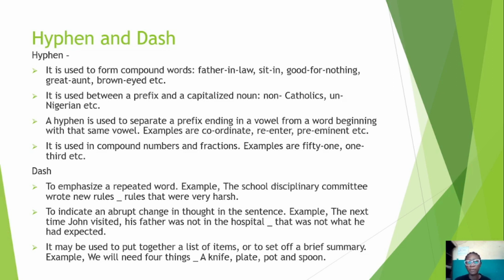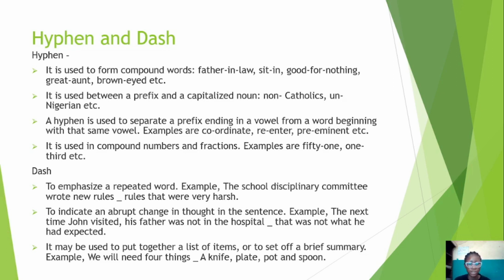We have examples in words like co-ordinate, re-enter, pre-eminent. So we use hyphen to separate the prefix. We also use hyphen in compound numbers and fractions, fifty-one, one-third, and so on.